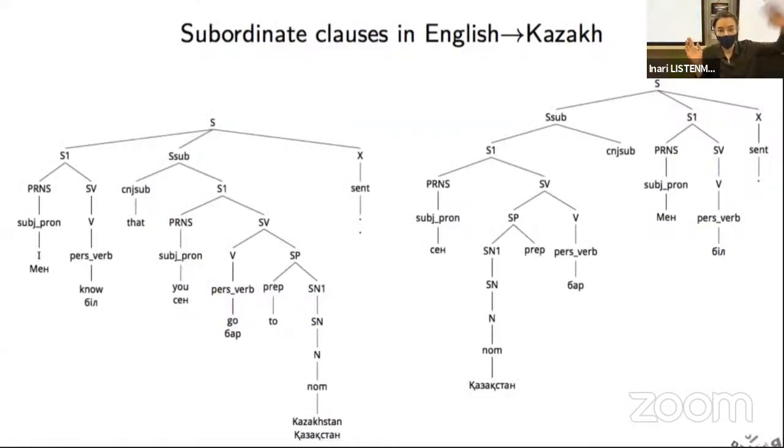Here's a slide I stole from someone's presentation 5 years ago, a talk about English to Kazakh machine translation. I stole that slide because this is the most abstract, the abstract syntax of whatever grammar formalism they were using.